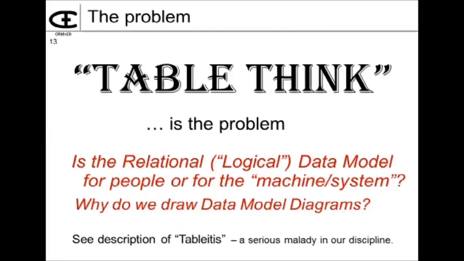Well, table think is the problem. Is the relational data model for people or for the system? And I've kind of answered that already, haven't I? We have the relational model for the convenience of the system. Why do we draw data model diagrams? Do I have to build a database if I have a data model?